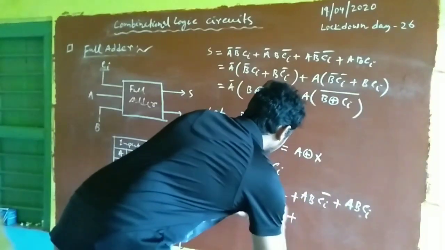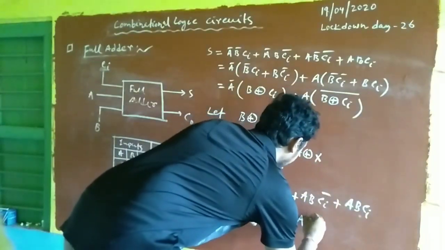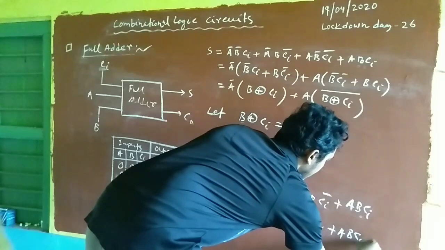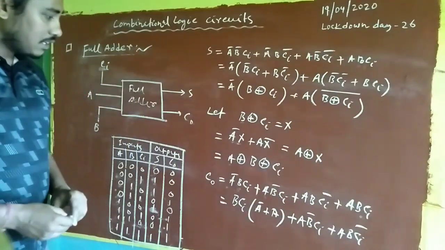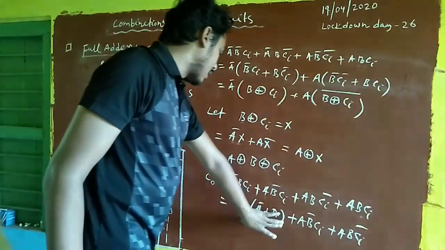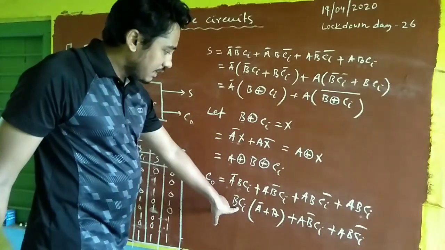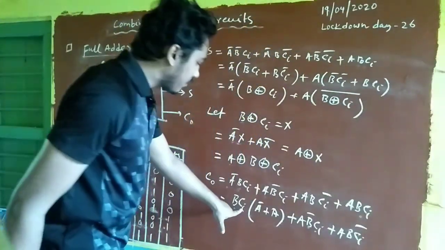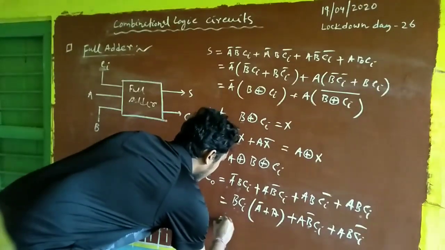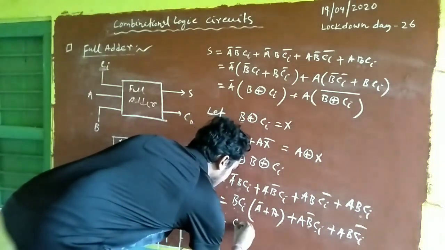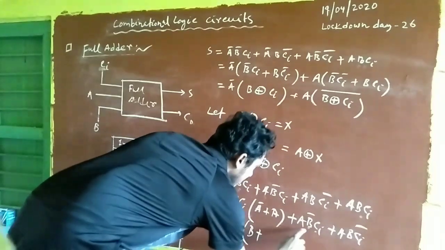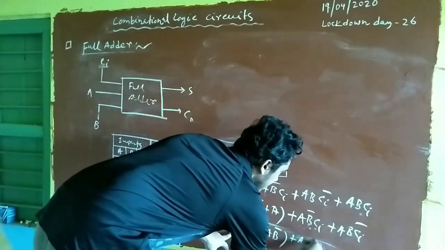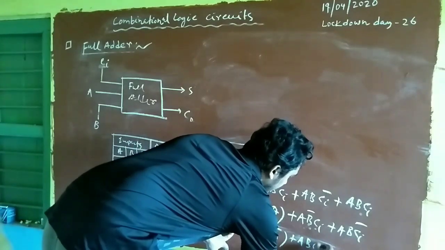The remaining two terms I am simply copying here, that is A B bar Ci plus A B Ci bar. Now from B Ci and A B bar Ci, if we take common Ci, we will get B plus A B bar, and the last term we write as it is, that is A B Ci bar.